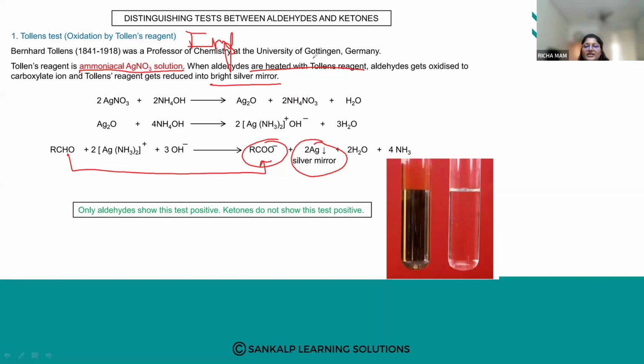When we take aldehydes and heat them with Tollens reagent, they get oxidized to carboxylate ion, and it gives you a bright silver metal. What is the formula, if they ask you? So this is the formula of Tollens reagent.